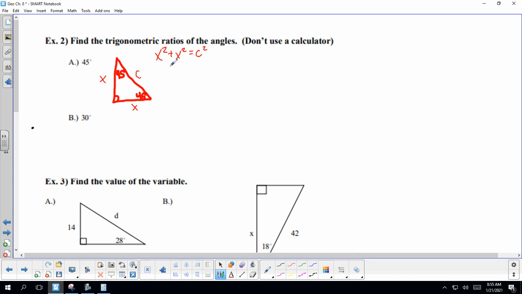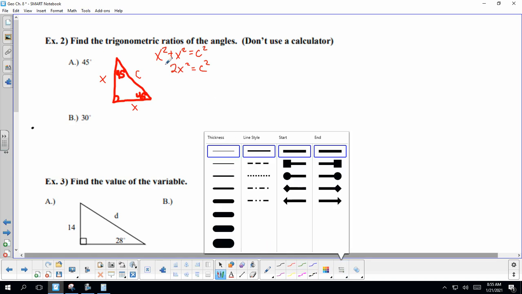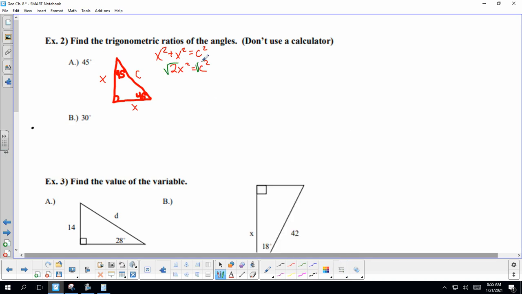That's 2x squared equals c squared. You take the square root of both sides. Switch colors so you can see. And then c is equal to, well, the square root of x squared is x, and the square root of 2 doesn't simplify. So this side is equal to x root 2.